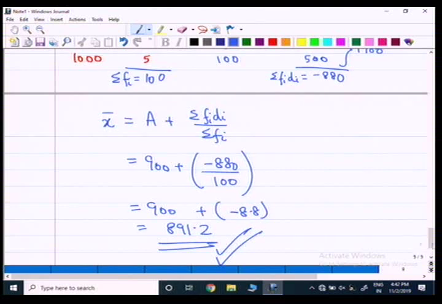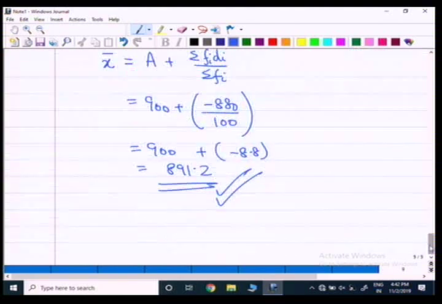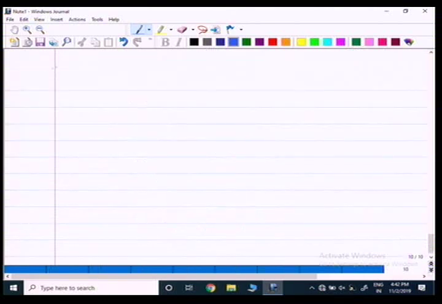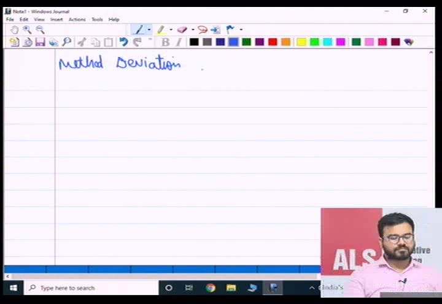Okay. Now let us do the third method, which is known as the step deviation method. This method is used again to find the mean, but it will make our calculation easier.